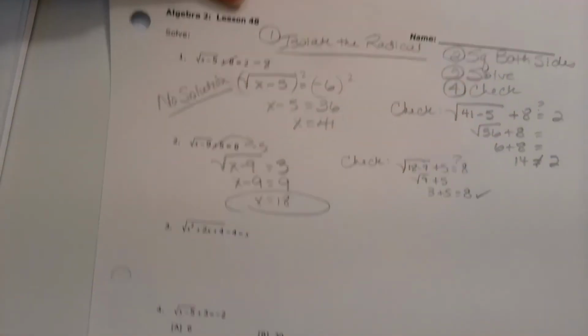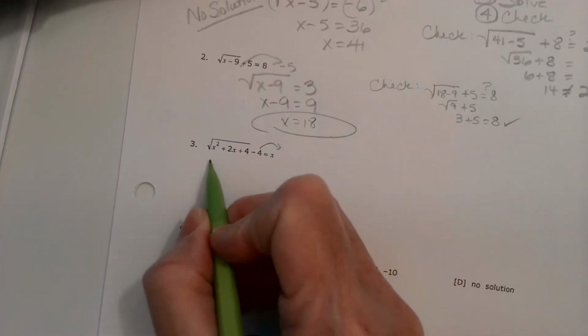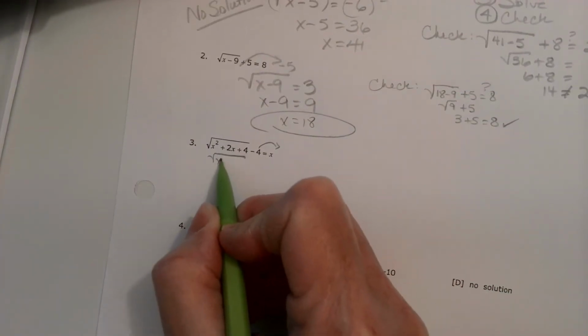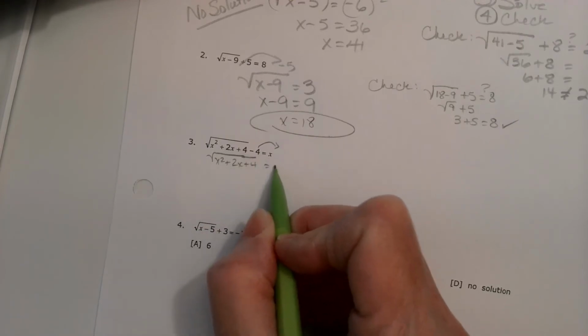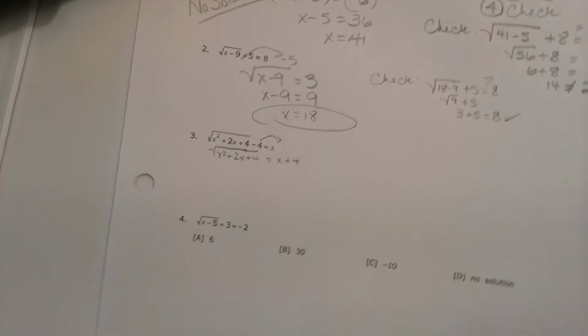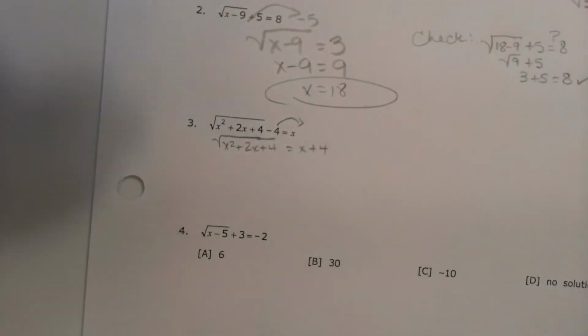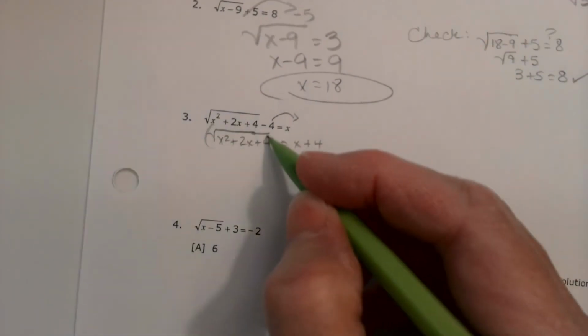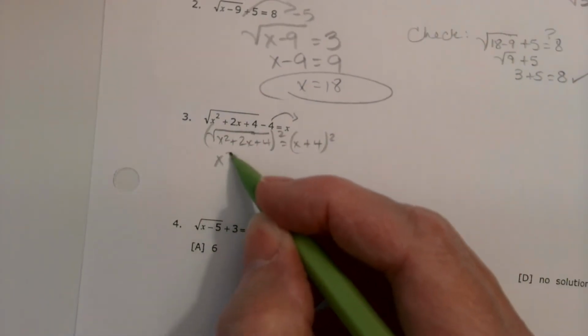Okay, let's do one with a squared in it. We're going to do the same thing though. We're going to take that to the other side. And I'm going to have x plus 4 over here. Okay, now, when I square both sides, same thing happens here. The square just drops.